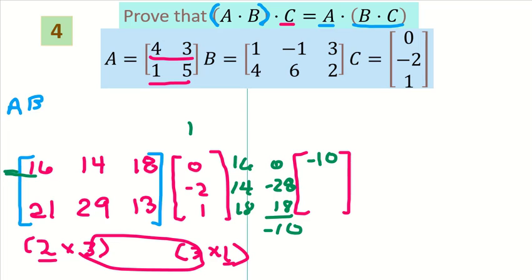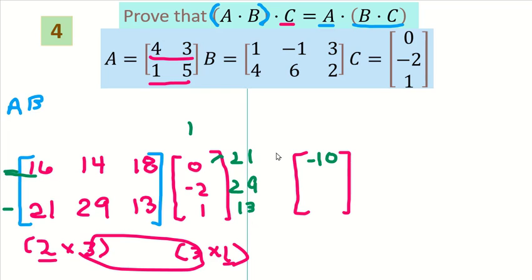Okay, now I'm going to take that second row and write it next to our resulting matrix over here. The second row is 21, 29, and 13.